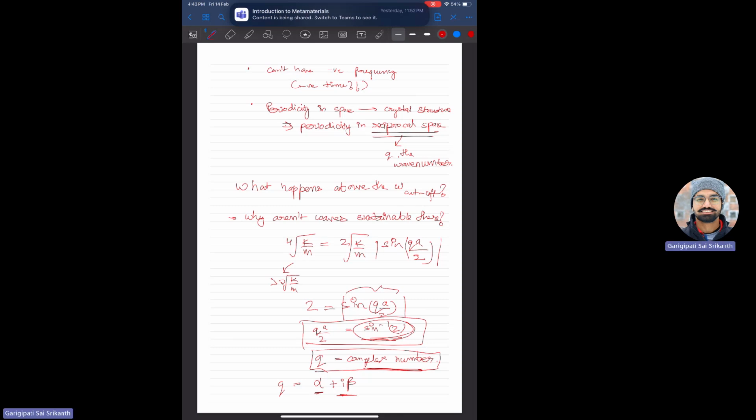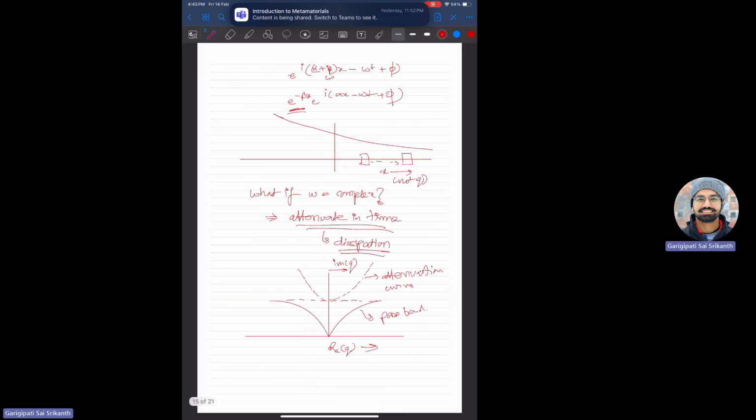So why do complex wave numbers lead to unsustainable non-propagating waves? We see that q is equal to alpha plus i beta. Let's say we break the complex number into two parts. Then instead of q, if you write alpha plus i beta, then you can take this beta and x out, and then you'll see e power minus beta x. That basically means that with space, there's a decaying envelope. That means it's not a sustainable wave.